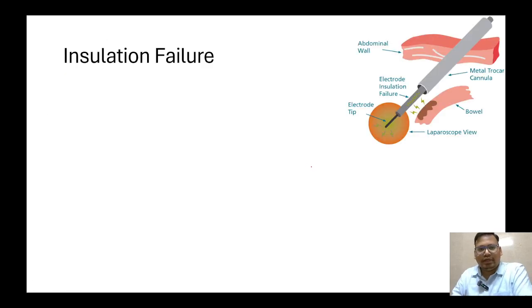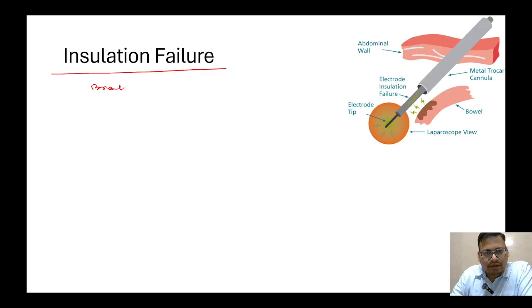Next, coming to insulation failure. Sometimes after repeated use, there is a very small, minute break in the instrument, because the instrument is used again and again. So this is the monopolar cautery of laparoscopy, during laparoscopy. This is the cautery probe, electrode tip, and suppose there are some minute breaks and that point comes in contact with bowel or bladder or any other tissue.